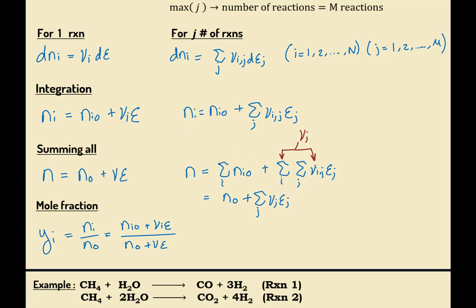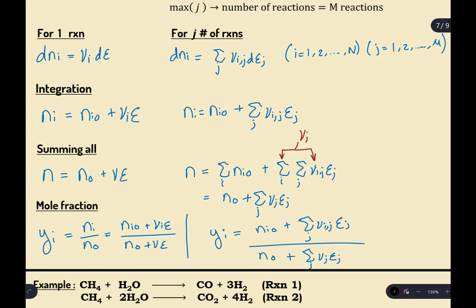So we have Yi equals Ni naught plus the summation over J of Vij epsilon j, divided by N naught plus the summation over J of Vj epsilon j. This I is specific for the mole fraction of I.